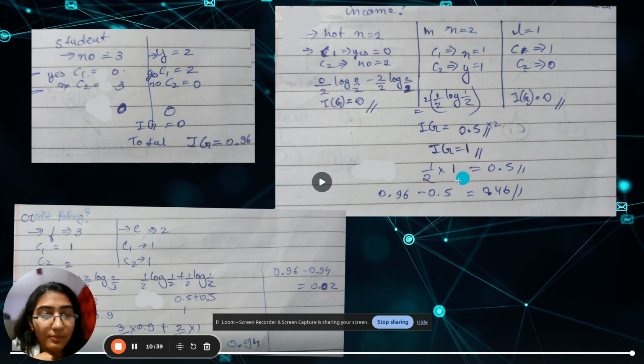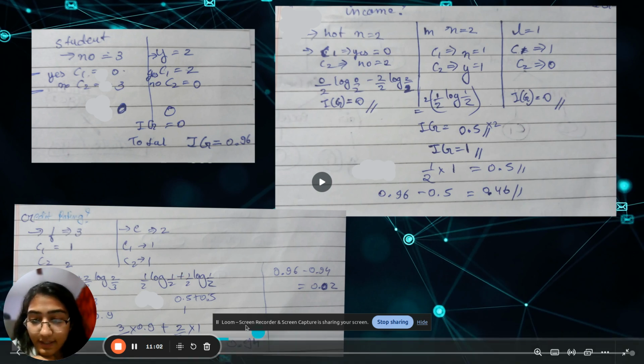So 1 by 2 multiplied by 1 is equal to 0.5. So the information after splitting for income will be 0.5. So what will be the gain? It will be 0.96 minus 0.5, which will be 0.46. So this will be our gain for income. Total gain for student will be 0.96, for income will be 0.46.